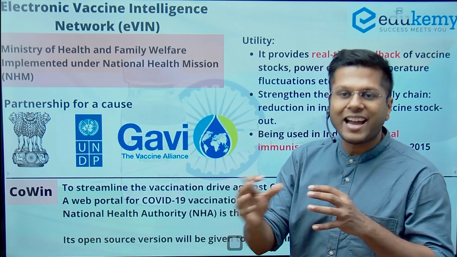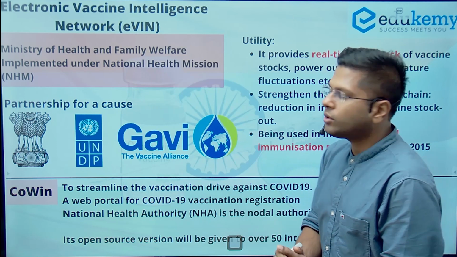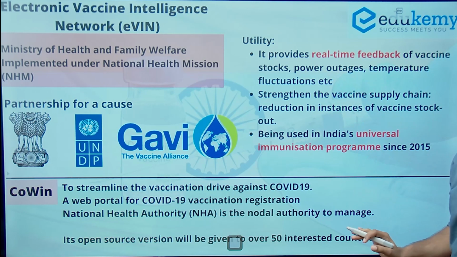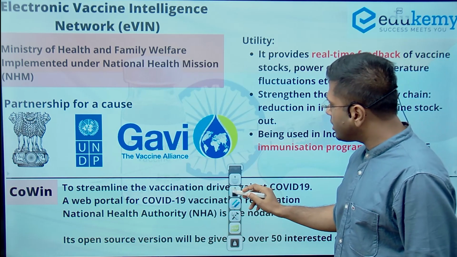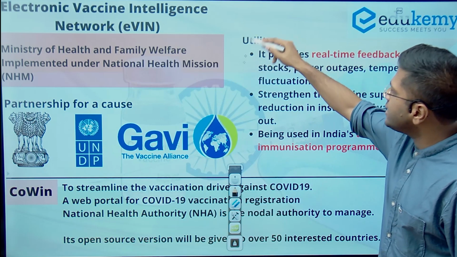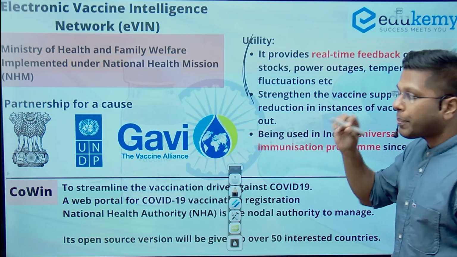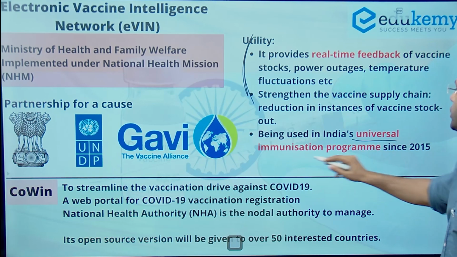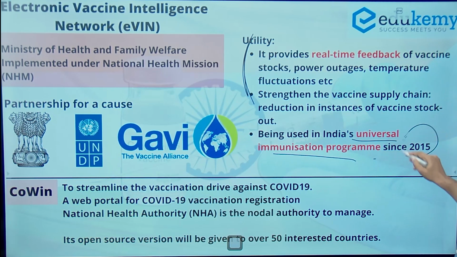So the supply chain is handled properly in time, right? This provides real-time feedback of stock, power outage, and temperature fluctuations, specifically because vaccines have to be kept at a certain temperature, and therefore this is very, very sensitive information for that particular center. A very good initiative by the government. This is a part of the Universal Immunization Program since 2015.